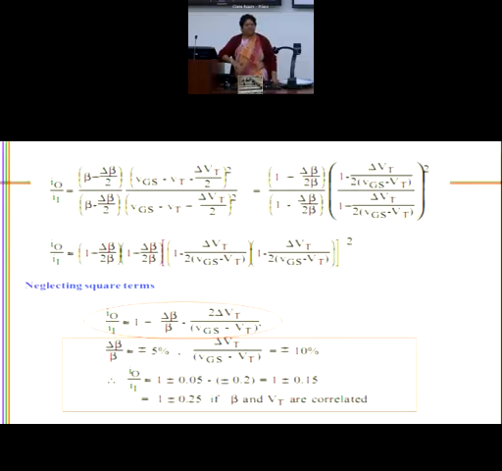So we are assuming that all parameters, beta and Vt, are changing such that they cause a worst case deviation. It may not happen, because your beta may be increasing and Vt may be decreasing. So this is giving you the worst case deviation.